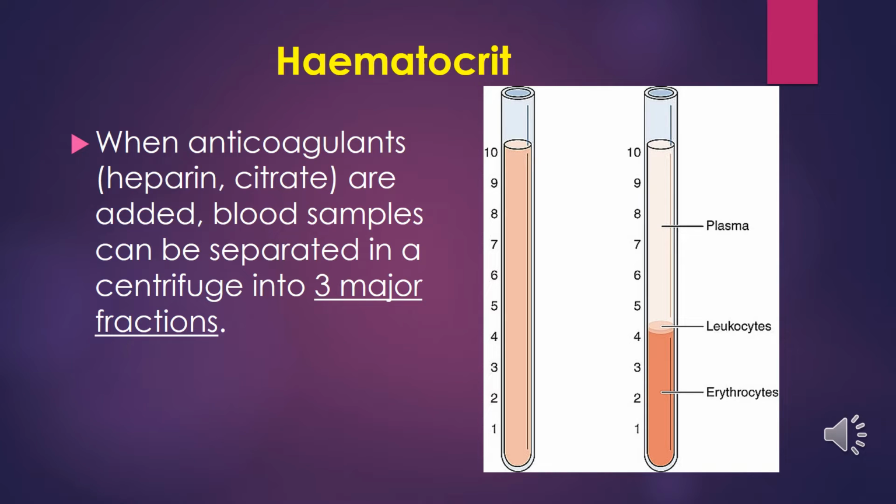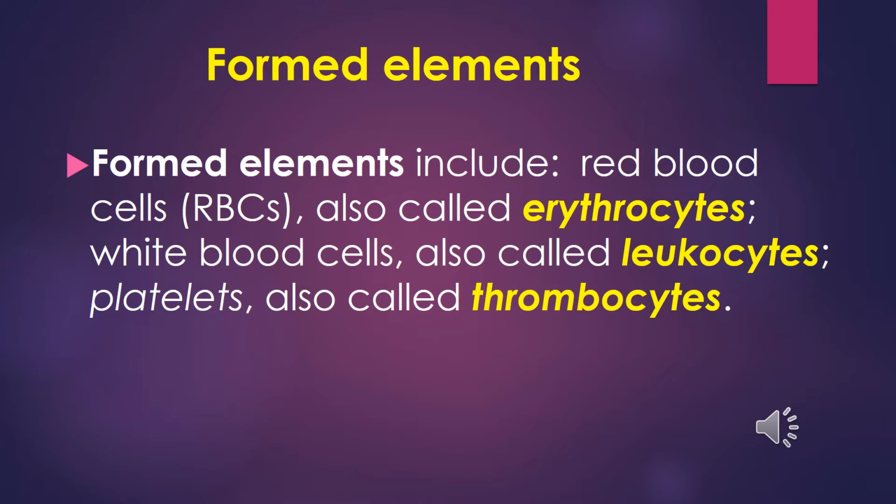In normal human blood, there is near 55% plasma and 45% formed elements. Formed elements include three main types: erythrocytes, leukocytes, and thrombocytes or platelets.